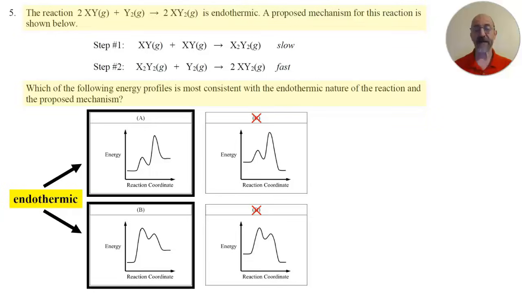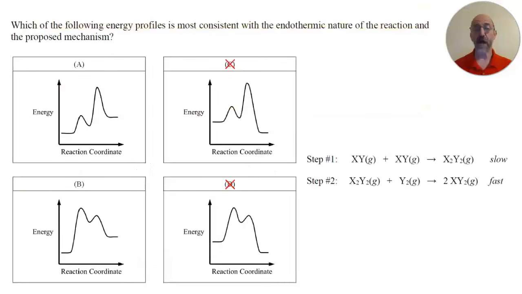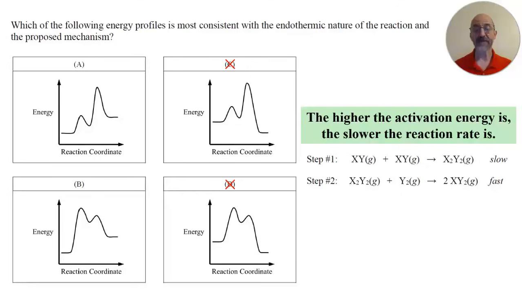Now what I have to do is focus on the fact that step 1 is slow and step 2 is fast. Now, we can see a difference in the appearance of the energy profile for choice A and choice B, and the higher the activation energy is, the slower the reaction rate is.